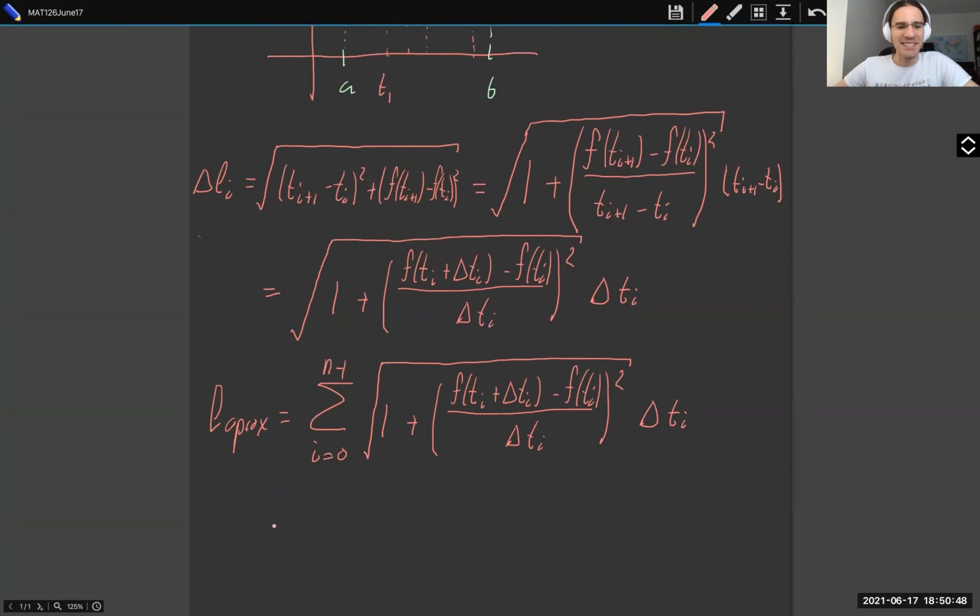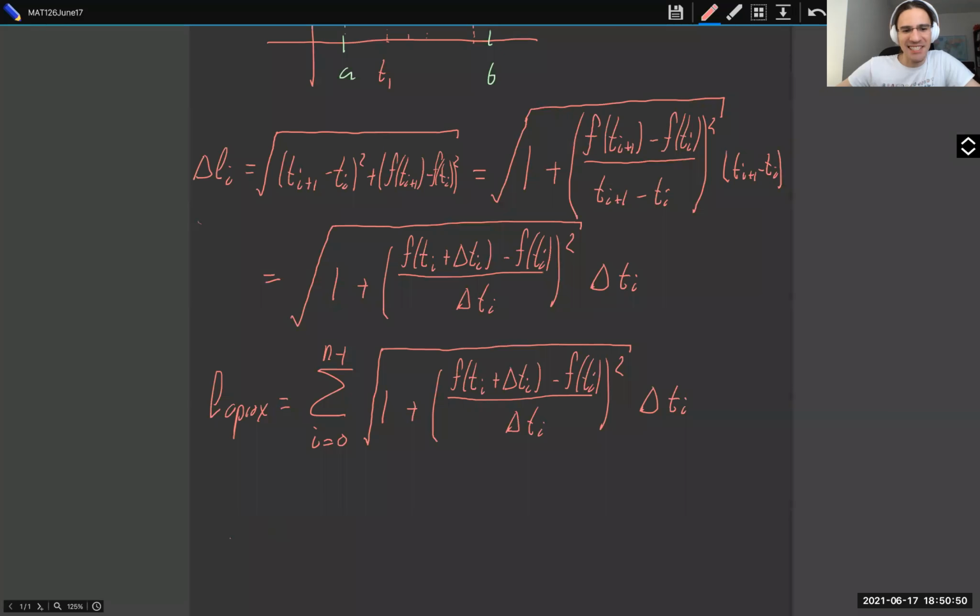Okay, and so then a physicist looks at this and they replace the sum with an integral. They replace the delta t sub i with a dt. And then this becomes the square root of 1 plus, what happens when delta t sub i goes to 0? What does this become?